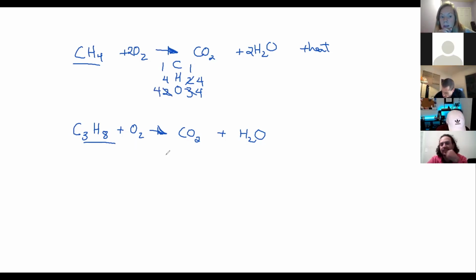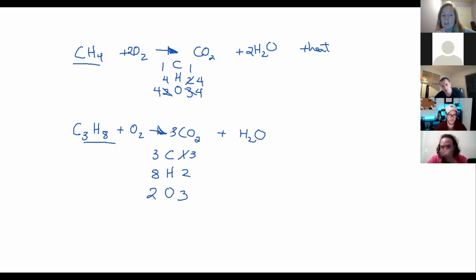Let's balance this one. Again, carbon, hydrogen, oxygen. 3 carbons to start, 1 carbon to end, 8 hydrogens to start, 2 hydrogens to end, 2 oxygens to start, and 3 oxygens to end. Balance carbons, then hydrogens, then oxygens. 3 carbons here, so let's put a 3 here. That changes this to 3.